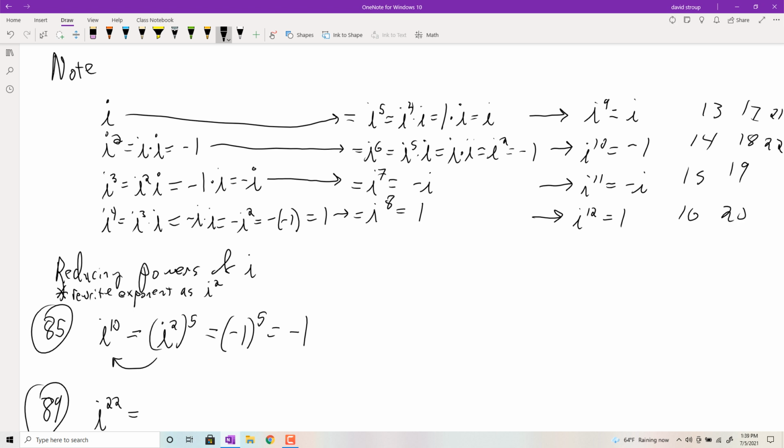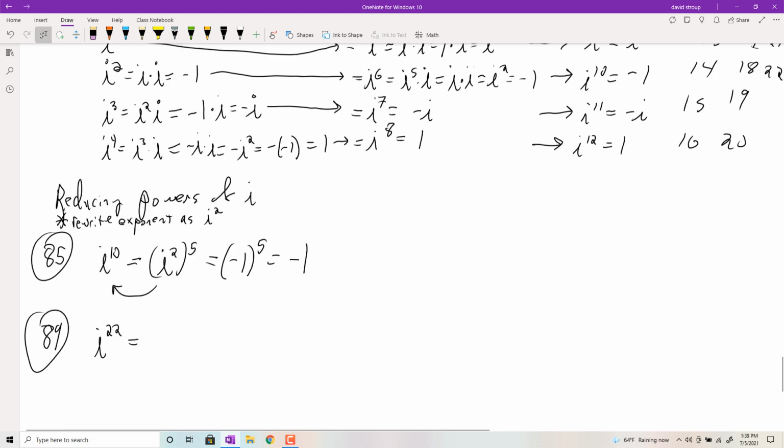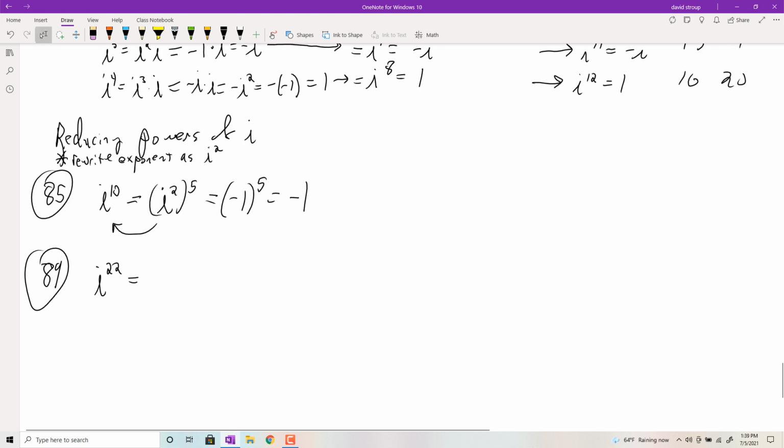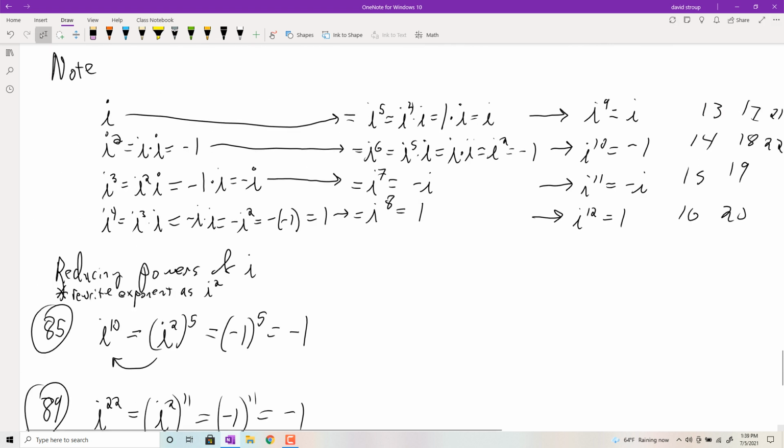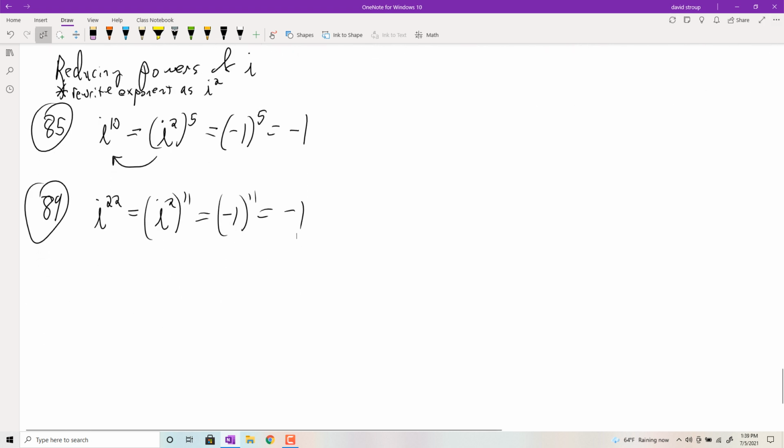So this answer is going to be -1, right? But that takes too much time. So we want a faster way to do it, right? So what we're going to do is just say I squared to the 11th. Of course, I squared is -1, so -1 to the 11th, and then -1 to the 11th is -1. So yeah, it's the same answer, but it's just quicker than having to count through, I guess.